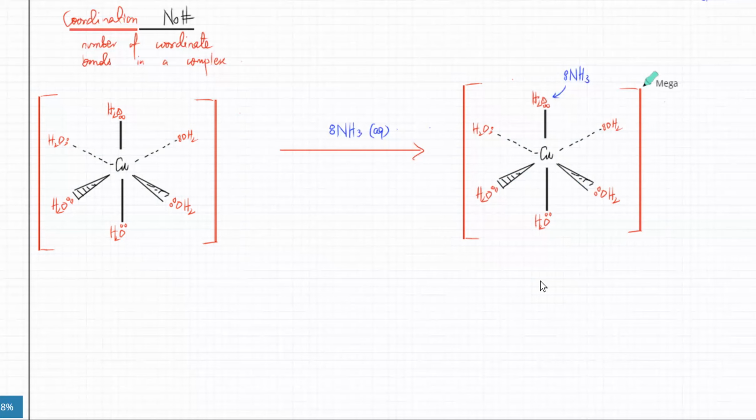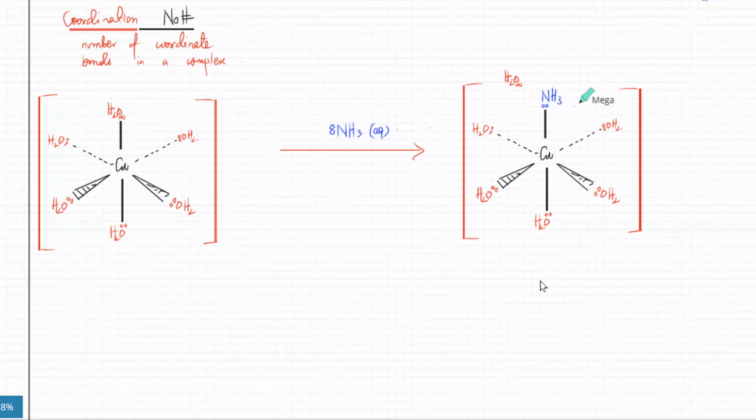They're going to go away with their lone pairs, and NH3 would start taking its place. Okay, let me draw the lone pair in the correct way. That's known as ligand exchange.